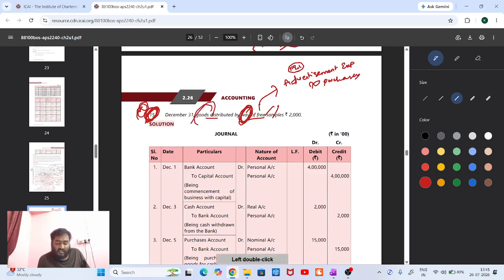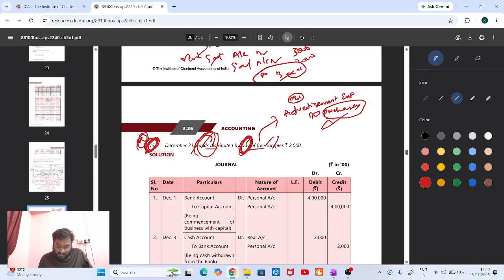These are the goods that are distributed. We distribute the goods that are lying in our godown, which are our purchases. So purchase is a debit balance. We are going to credit this in order to reduce. We are giving them for free. We are not going to hold them. I hope you have understood this.